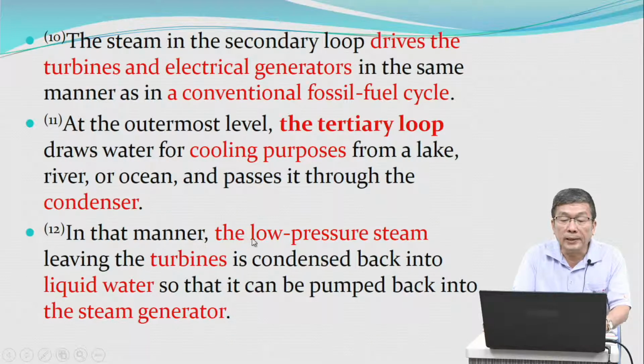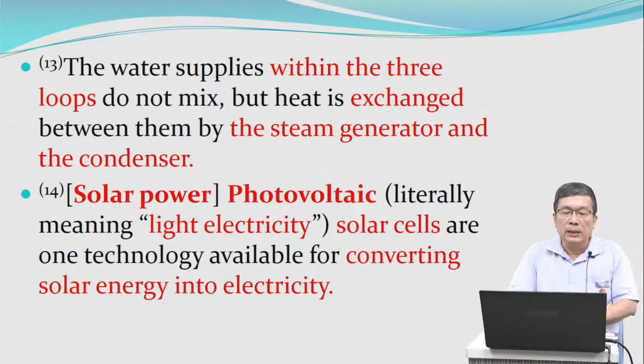In that manner, the low pressure steam leaving the turbines is condensed back to liquid water so that it can be pumped back to the steam generator. The water supplies within the 3 loops do not mix, but heat is exchanged between them by the steam generator and the condenser.